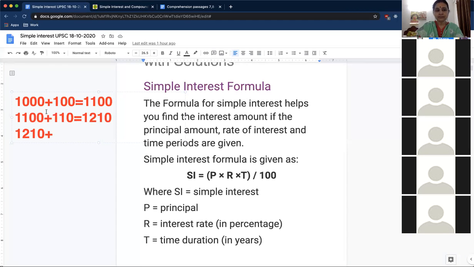But for compound interest, compounded annually means after every year, that interest will be added to the principal, and the interest which was calculated plus the principal amount together will become the principal for the second year. This is called compound interest.